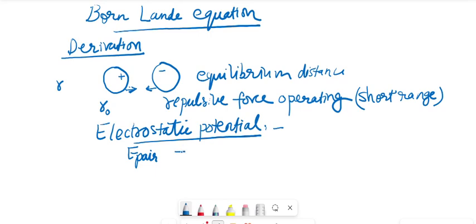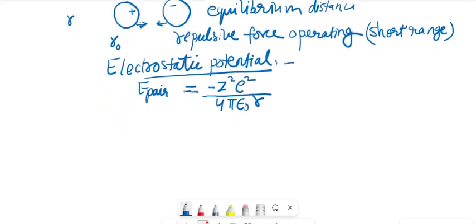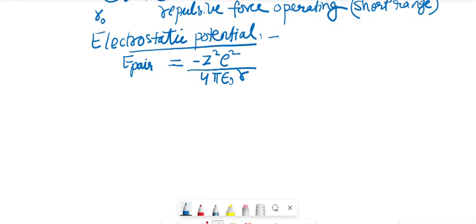That is due to the attraction between the ions, and this potential is represented by the equation E pair is equal to minus z square e square divided by 4 pi epsilon naught R. This is the equation for the electrostatic potential between the two ions. And the negative sign means that the force is attractive.